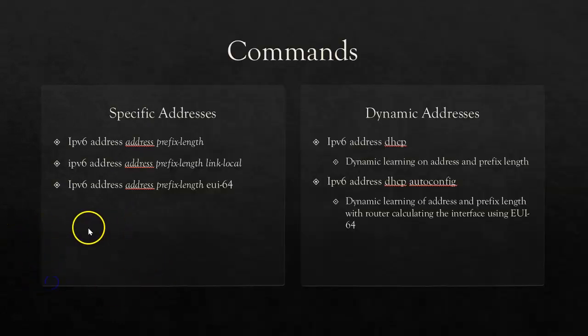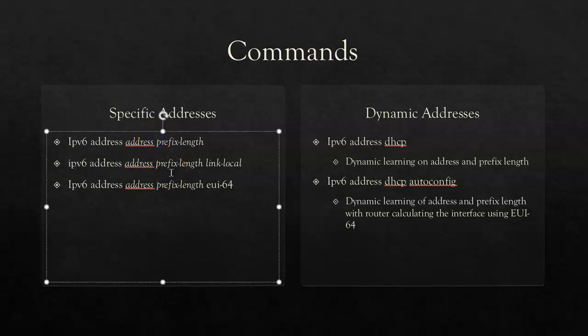So here's just going over real quick the commands and the differences when we're in a router. This is where we're going to specify the whole address. If I want to manually configure my router interface to use IPv6, and I want to tell it this is the address that you're going to use, I'm going to use the IPv6 address command, put the address, and then a slash prefix.